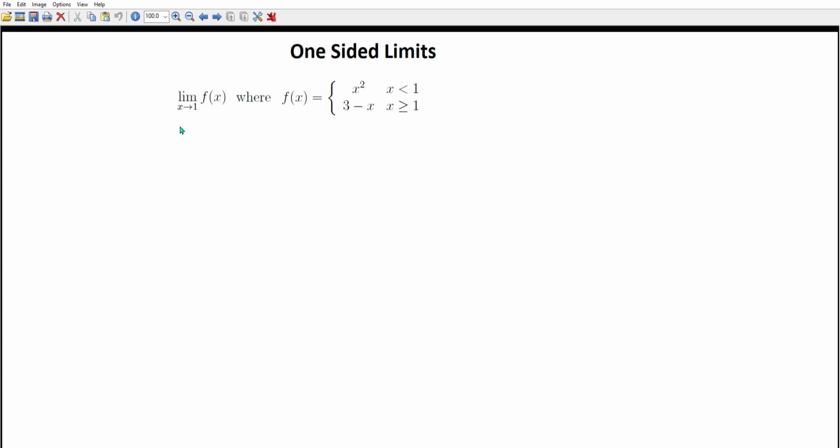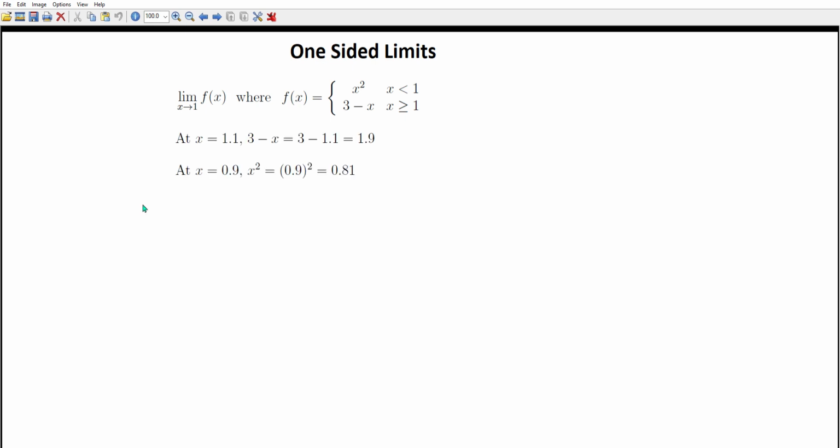Now let's take a look at a somewhat more complicated function which is defined in a piecewise manner. We want to look at the limit as x goes to 1 of f of x, where f of x is x squared when x is less than 1, and 3 minus x when x is greater than or equal to 1.